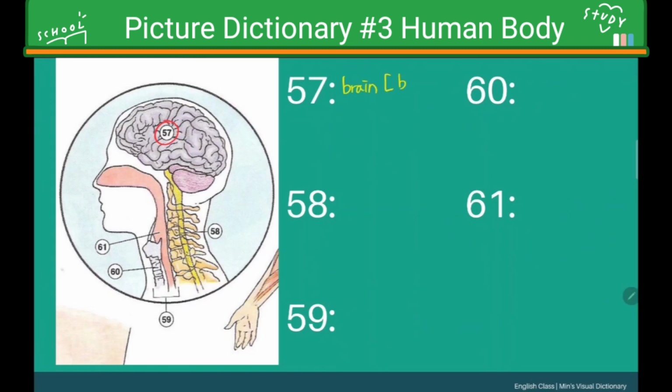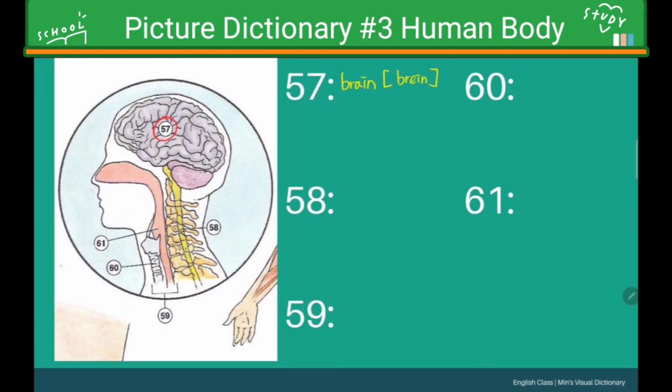And the phonetic symbol is just like that. So it's brain. And this word also refers to someone who is very intelligent. So someone intelligent. For example, my friend Tom is a brain in his team.